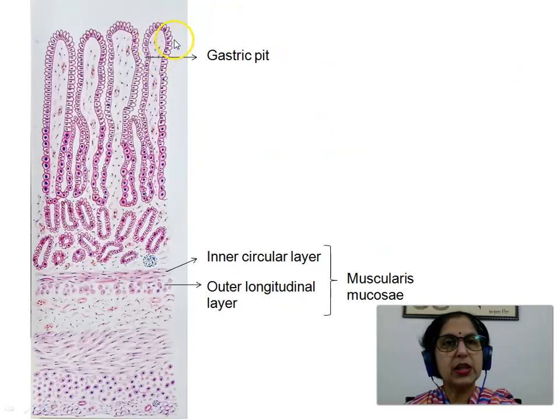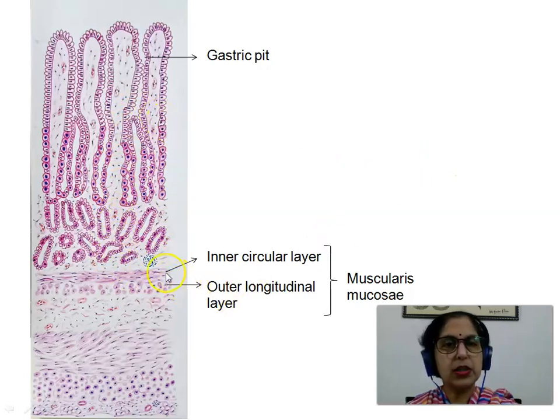So this we see here, the mucosa part of the fundic part of the stomach. We've seen the lining epithelium. What we see here is the gastric pit. And what we see here is the lower part of the gastric gland. So as is seen here, if we see the entire mucosa, the gastric pit is in the upper or the luminal 1/3, while the gastric gland occupies the lower 2/3.